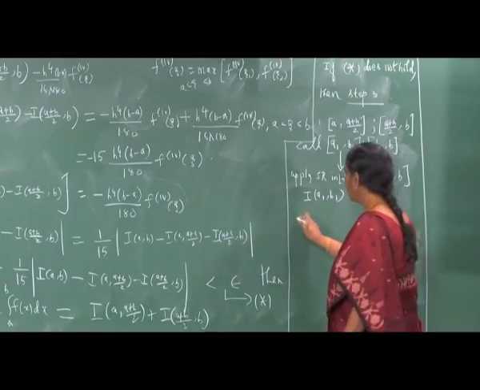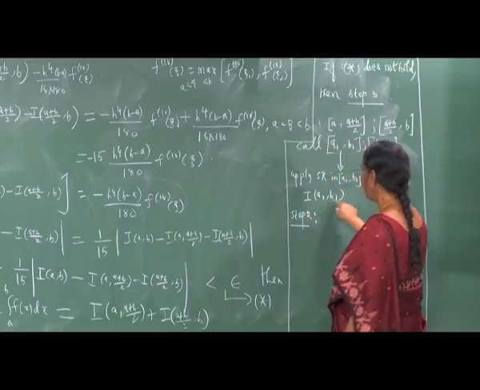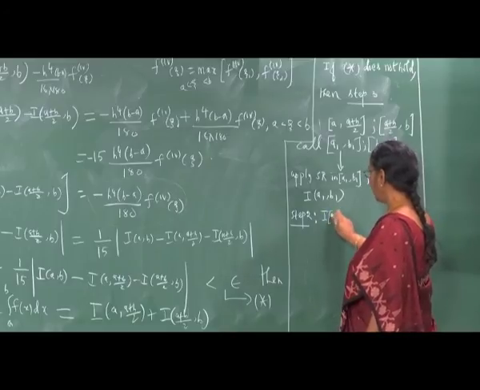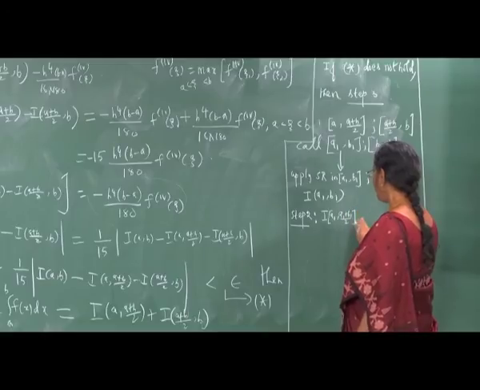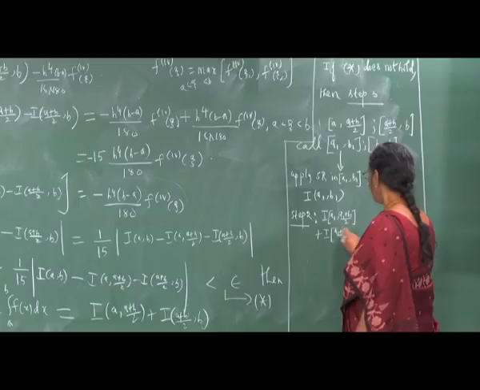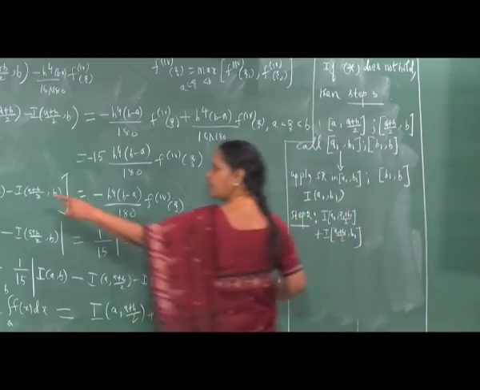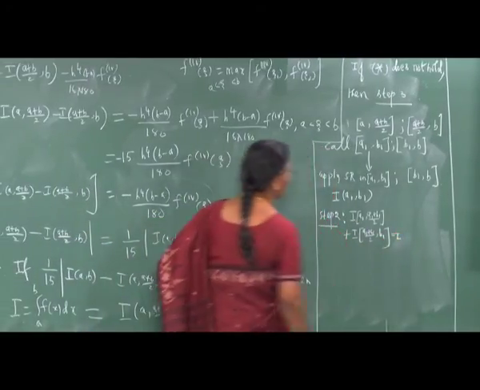What does that mean? So, perform step 2 to the interval a1 b1. What will you get? You will get I of a1 comma a1 plus b1 by 2 plus I of a1 plus b1 by 2 comma b1. That will be your integral I when you perform.